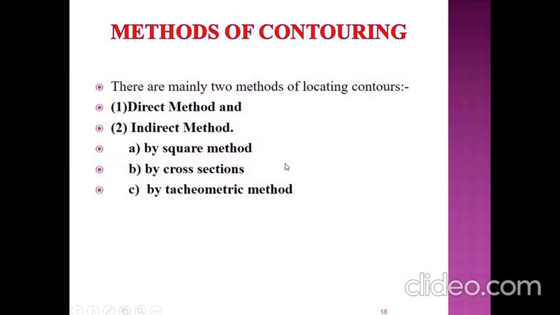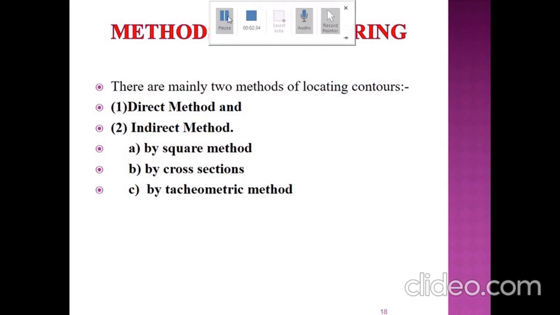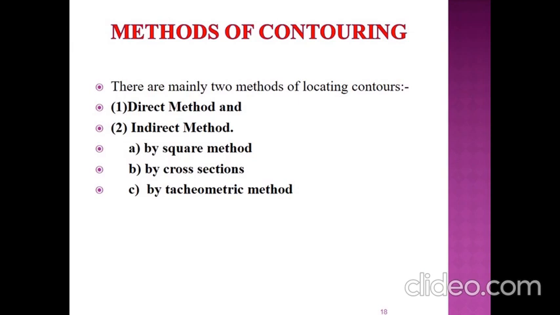Then the next point is the method of contouring. In the method of contouring, basically two methods are there: the direct method and the indirect method. Again, the indirect method is divided into three methods: the square method, the cross-sectional method, and the tacheometric method. Contours can be drawn if horizontal and vertical measurements of properly selected points are given.